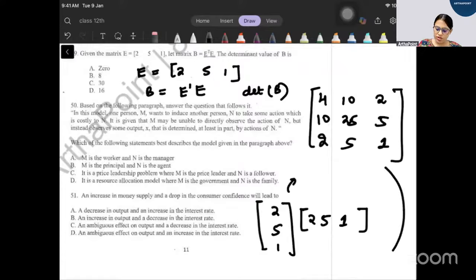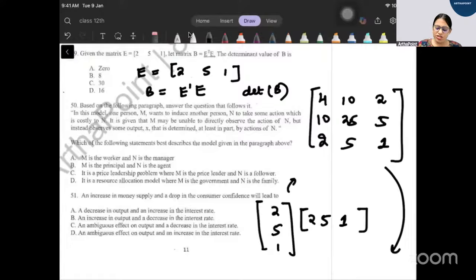And now find its determinant. Very simple. Find its determinant.